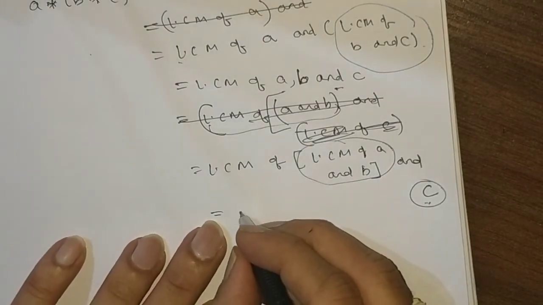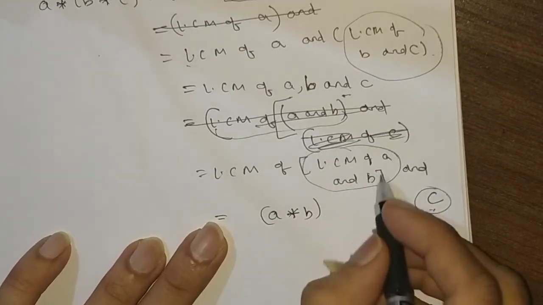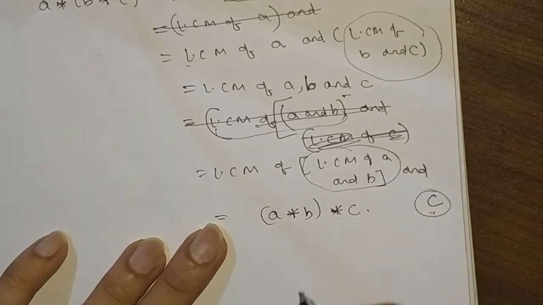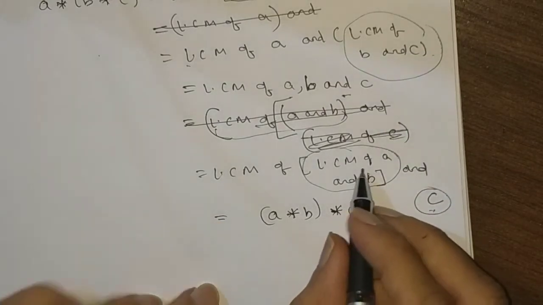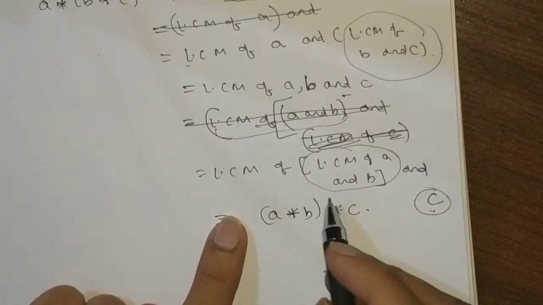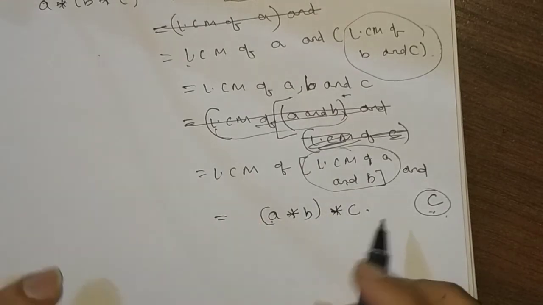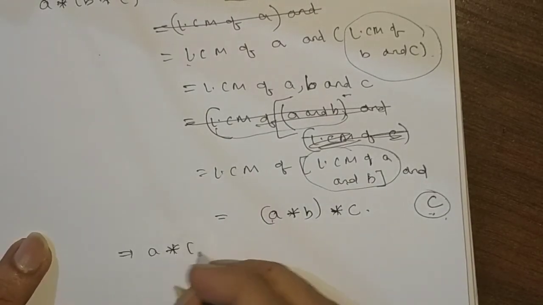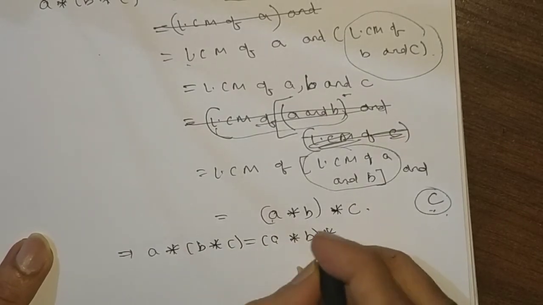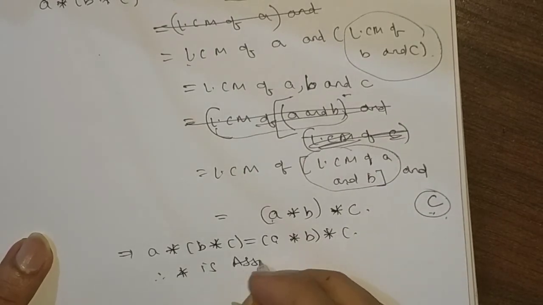So this is nothing but A star B, because this is LCM of A and B, star C. So LCM of A star B and C is nothing but (A star B) star C. So this (A star B) star C will be equal to A star (B star C). Therefore star is associative.